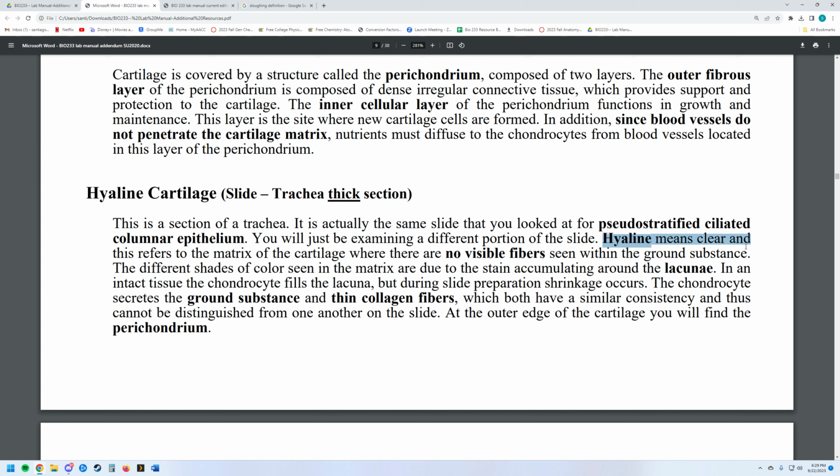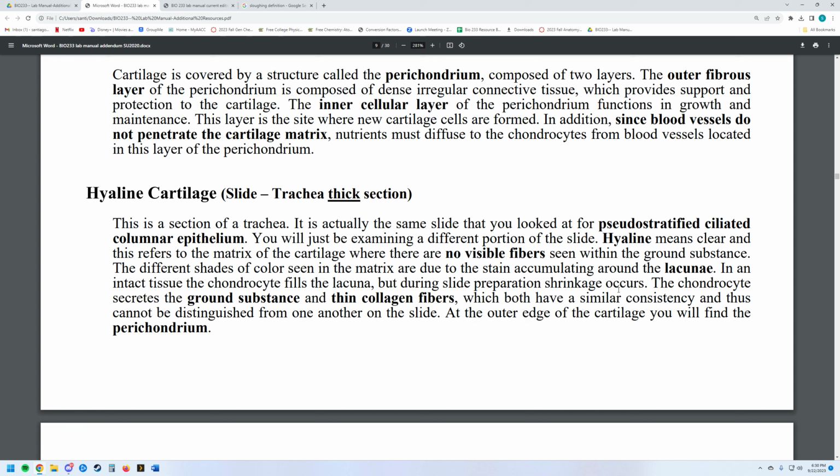Hyaline means clear, and this refers to the matrix of the cartilage where there are no visible fibers seen within the ground substance. The different shades of color seen in the matrix are due to stain accumulating around the lacunae.